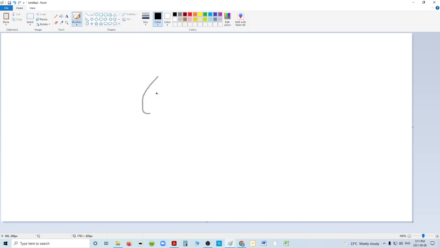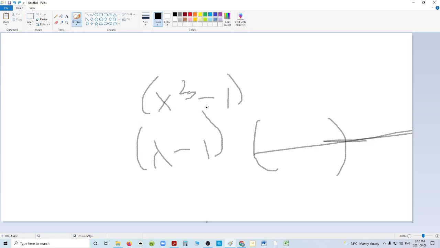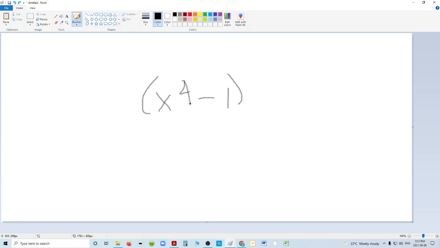So if I have x to the 2 minus 1, the factors are x minus 1, x plus 1. If I have x to the 3 minus 1, I know from my difference of cubes that x minus 1 is a factor. It doesn't matter what this is. This is a factor.